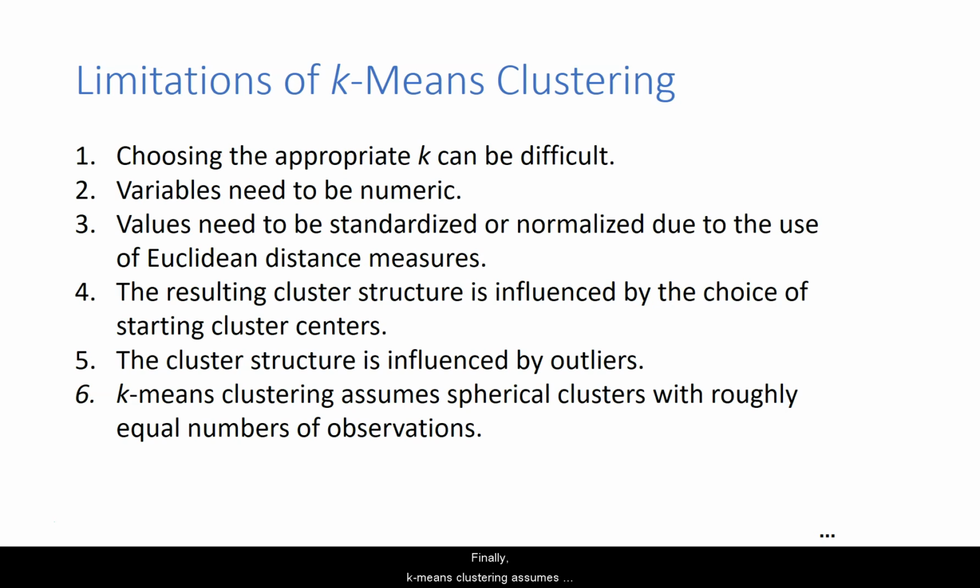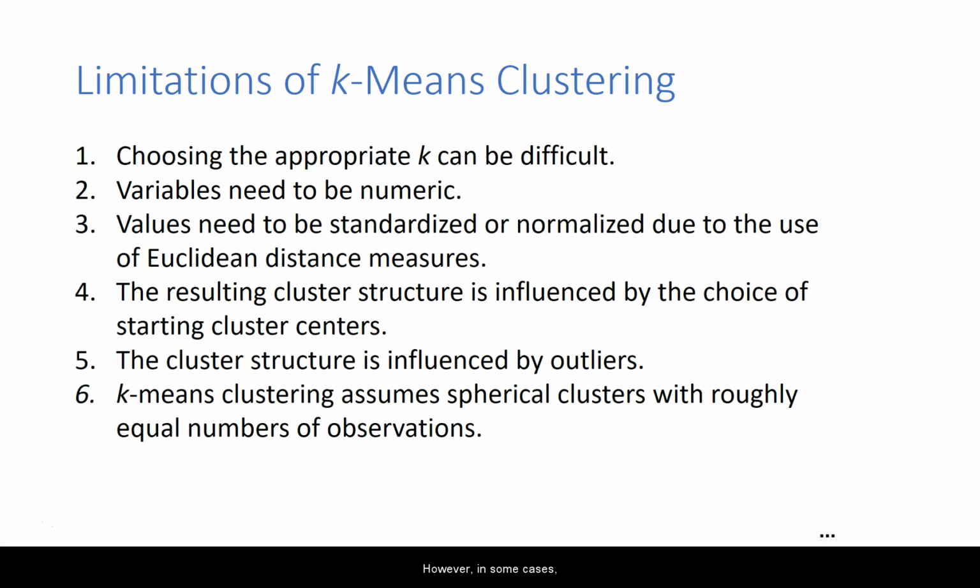Finally, k-means clustering assumes that we are dealing with spherical clusters, and that each cluster has roughly equal number of observations. This assumption allows the algorithm to result in more evenly distributed clusters.